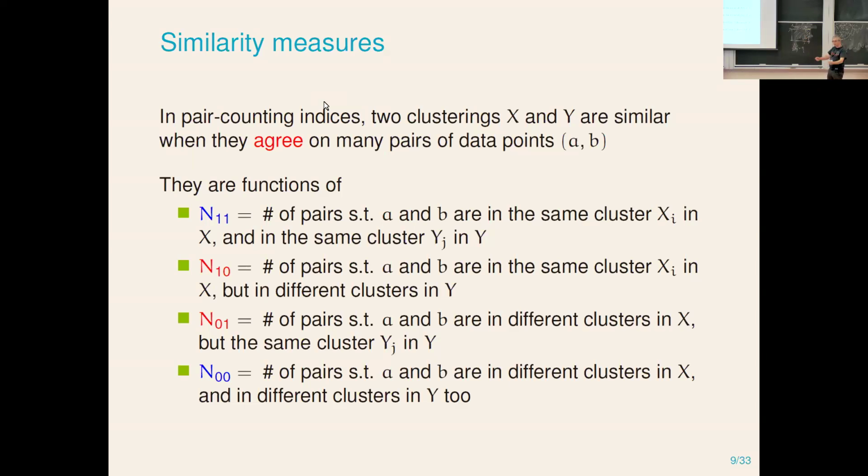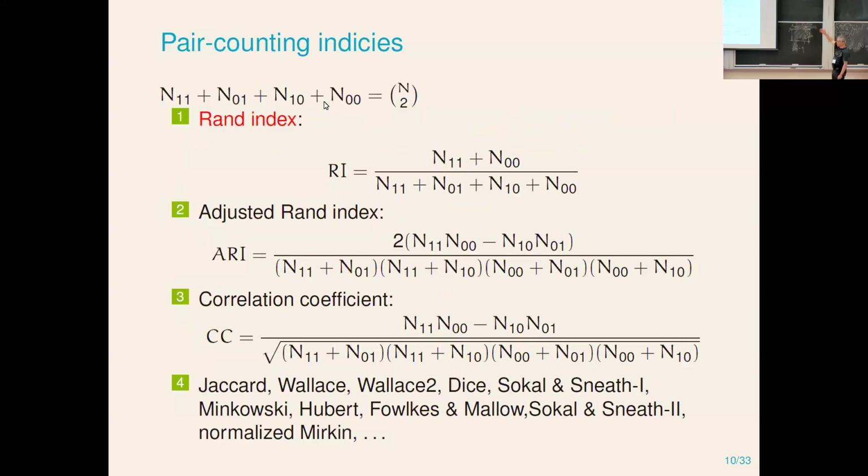It classifies those two points in different clusters, and so on. So you have those four numbers. The sum of them will be the n choose 2 possible pairs.